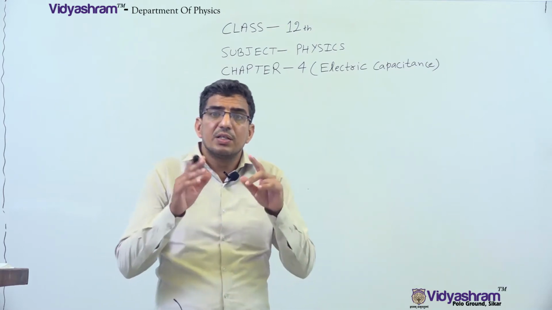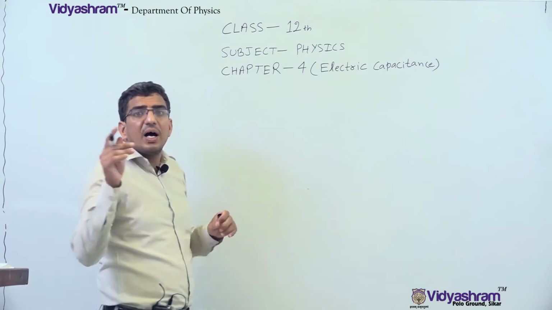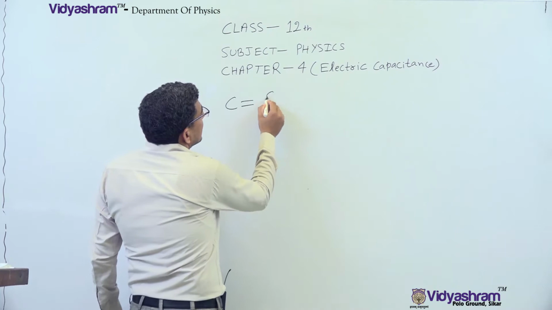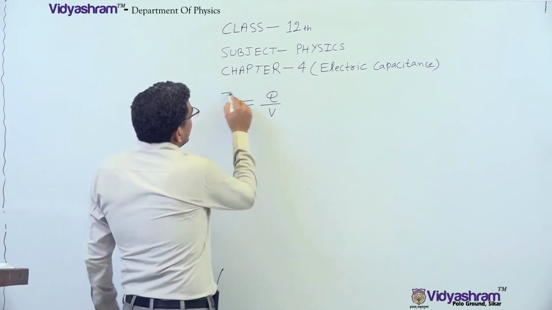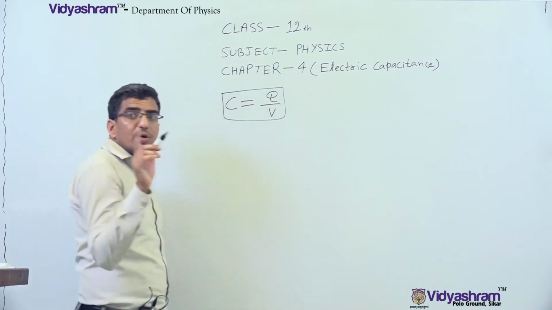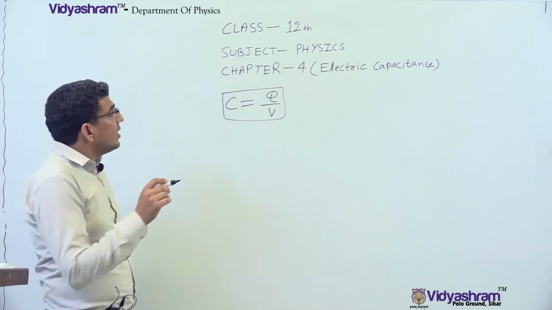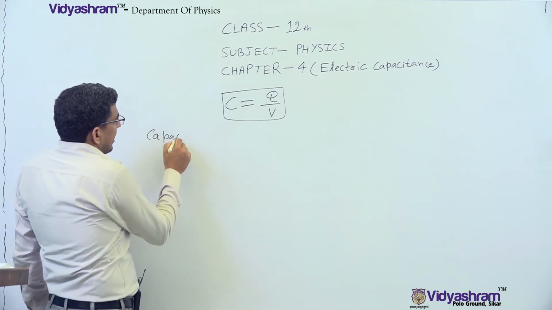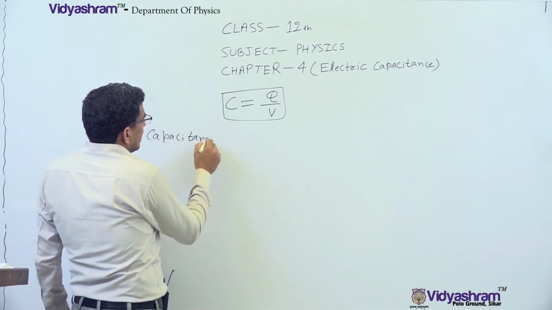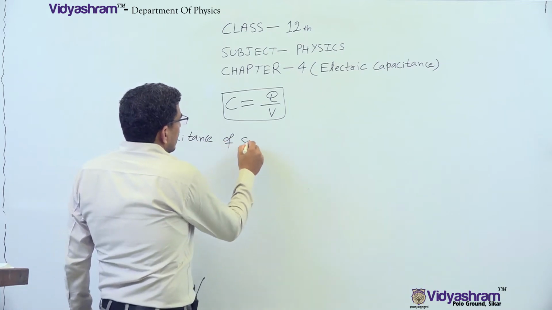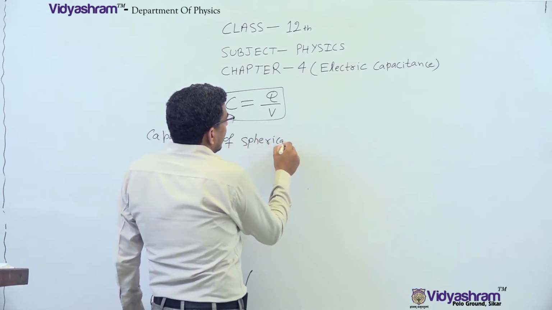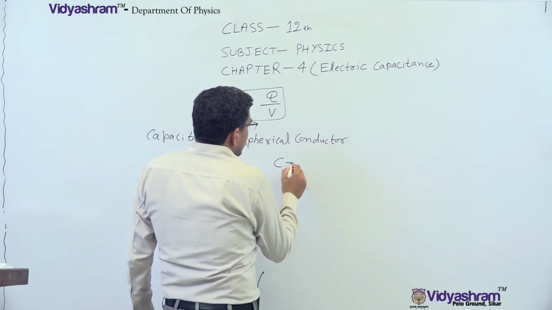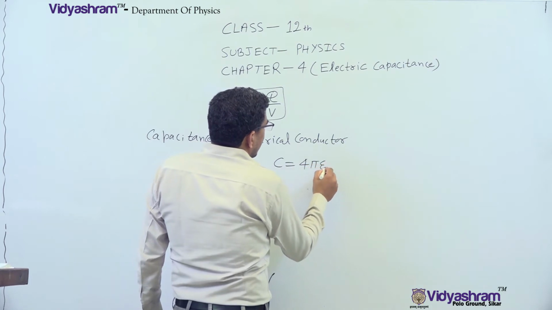I have already told you the formula of capacitance: C is equal to Q upon V, and the capacitance of a spherical conductor is C is equal to 4 pi epsilon naught R.